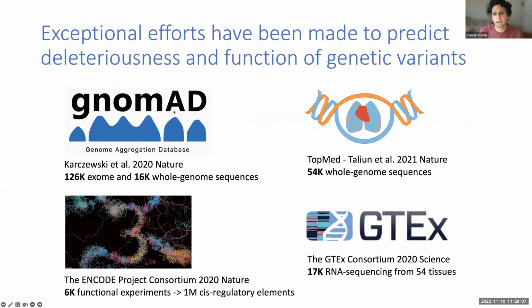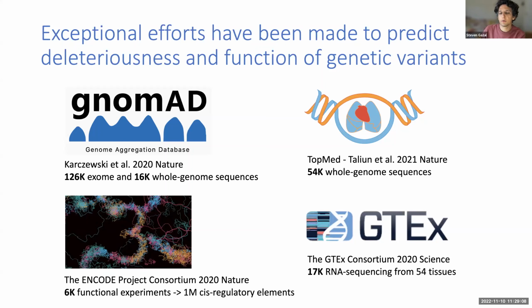And so here I'm just highlighting a few of the projects such as gnomAD and TOPMed, where we generated a lot of whole genome sequence data to be able to understand how deleterious is a variant based on allele frequency, but also to know which regions of the genome are really constrained, where we lack mutations. But there have been bigger functional projects such as ENCODE, GTEx, now IGVF to understand the function of regulatory variants.